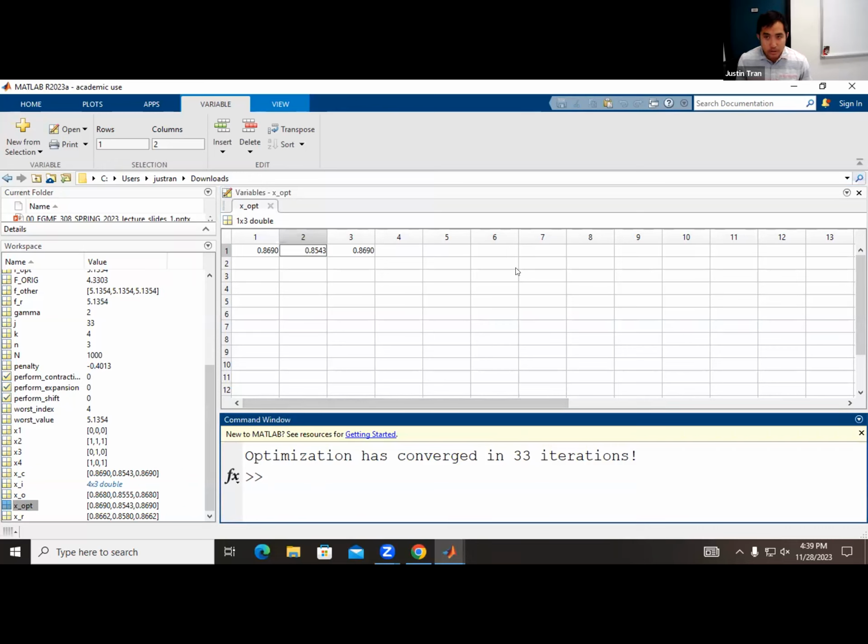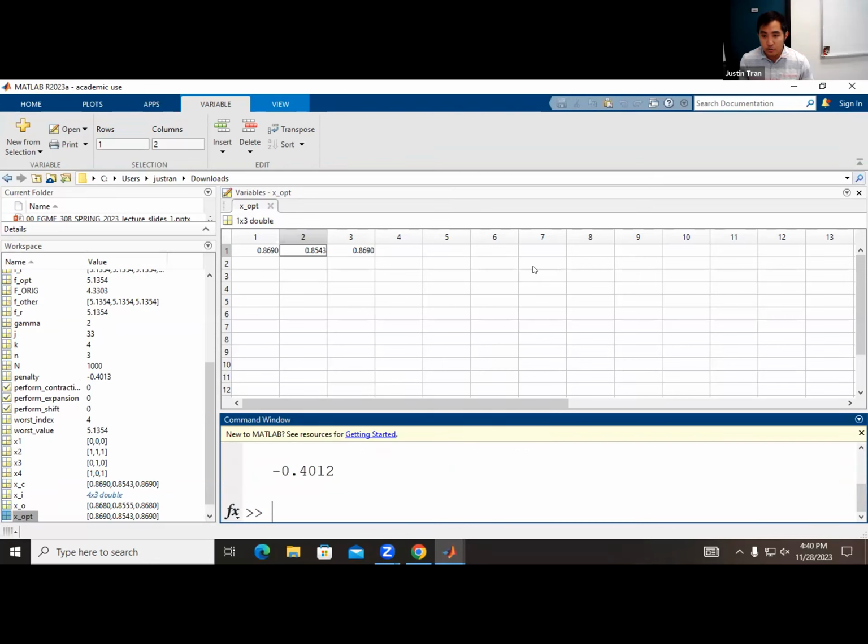Let's check our equality constraint here. Remember, our equality constraint is (x1 plus x2) squared minus 2, and ideally this should equal 0. So let me plug those numbers in. x1 here is 0.869 plus our value for x2, which is 0.8543, quantity squared, and then we subtract 2 from that.